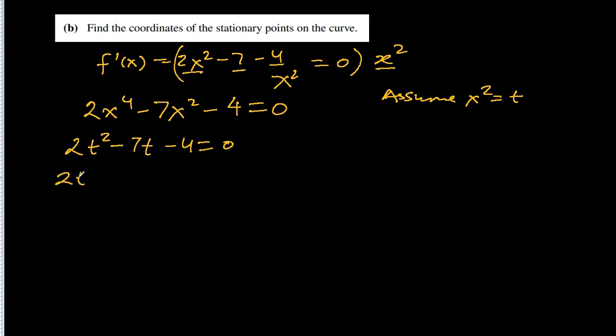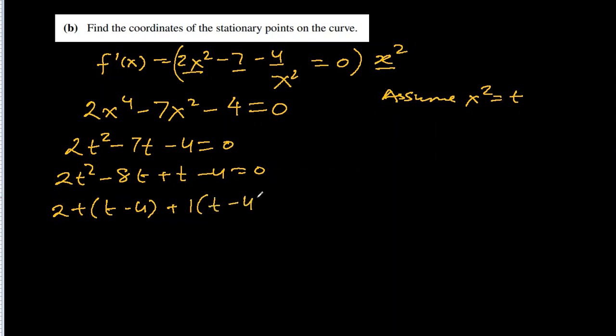So 2t squared minus 8t plus t minus 4 equal to 0, 2t plus 1 times t minus 4 equal to 0. If you want, you can use a calculator. The calculator gives you the solution straight away. You don't have to do all this, but I want to ensure that you know the reason behind the solutions.